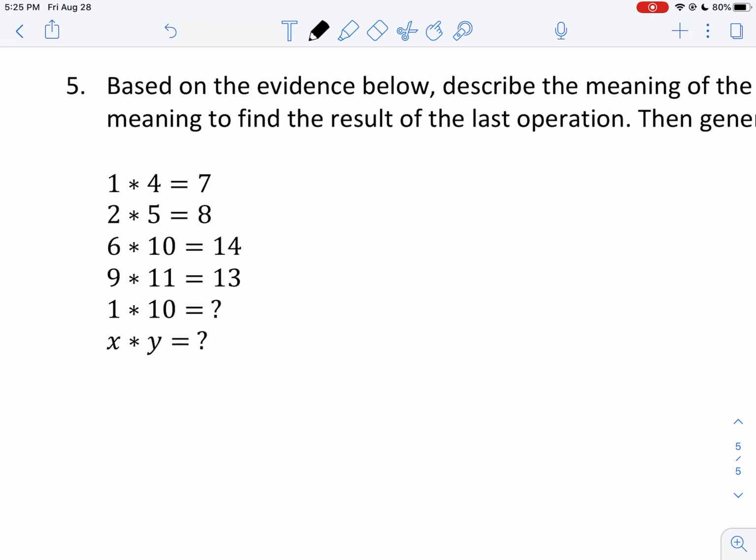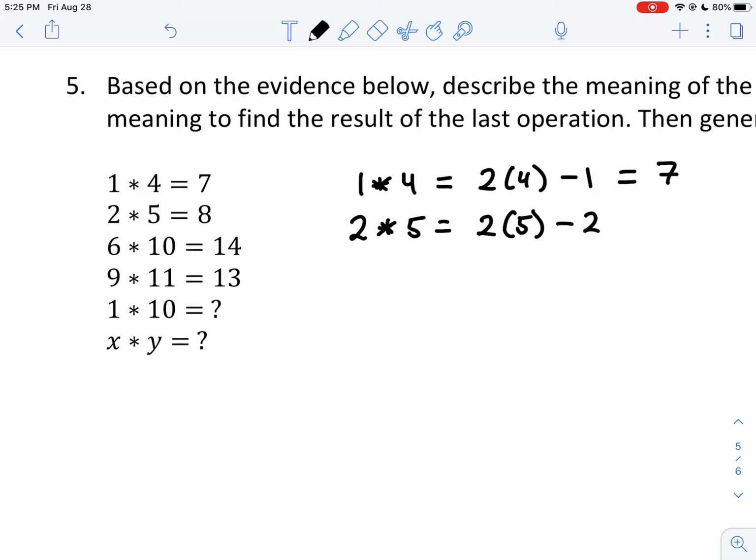I'll let you figure this out, but in the end, it's going to wind up being the following. 1 asterisk 4 means double the second number and remove the first. So if I double the 4 and remove the first, that gives me 7. Let's try 2 asterisk 5. Double the second number and then remove the first. And that gives me 8.